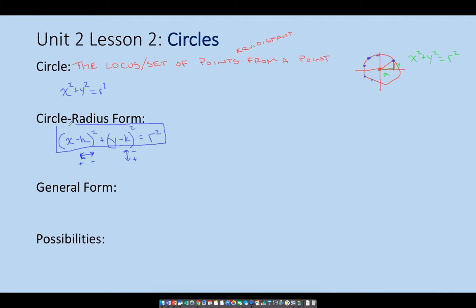All right, we have another general form which is not nearly as helpful. In fact, it's really not helpful at all. Here I can see exactly how it's going to move left and right or up or down. I can tell what the radius is going to be by just taking the square root of this number. We have another form, it's called general form, and it looks like this: x squared plus y squared plus cx plus dy plus e equals 0.